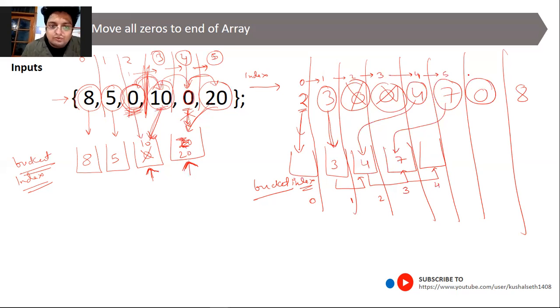Now 0, my array index will increase to 6. So 0 will come. Since 0 will come, we will not put it. Now my array index will increase to 7. If this 0 had been last, it would not have been there, and this 0 being the last, then we will not have any problem.